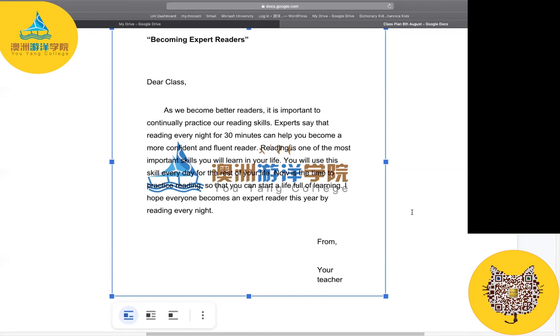Reading is one of the most important skills you will learn in your life. You will use this skill every day for the rest of your life. Now is the time to practice reading so you can start a life full of learning. I hope everyone becomes an expert reader this year by reading every night. From your teacher.